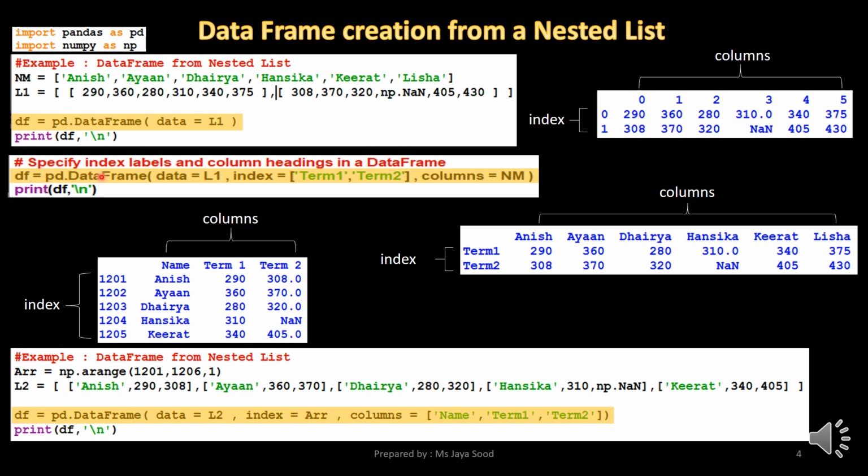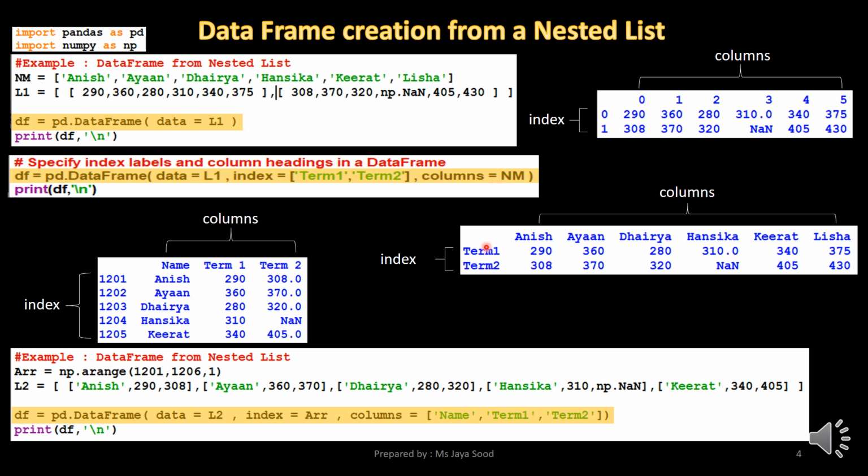Now let us specify index labels and column headings for our data frame. df is a data frame object which is again created by passing the list L1 as the data. Index is specified as a list of values term 1 and term 2 and the columns is specified as the list of names NM.